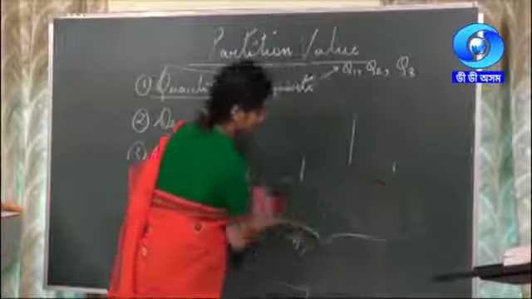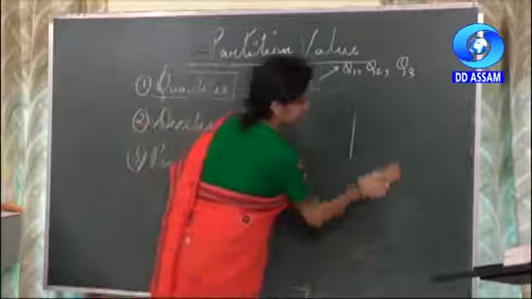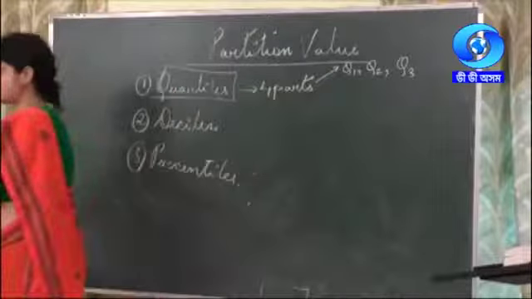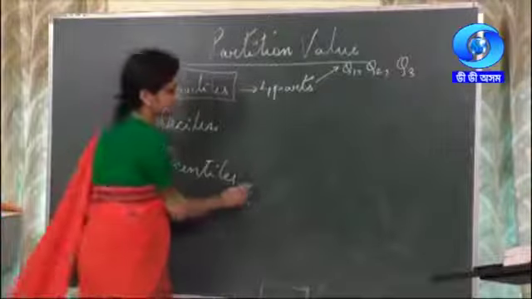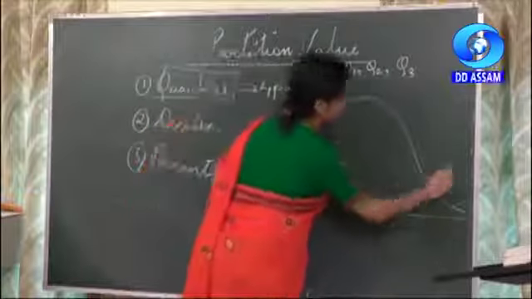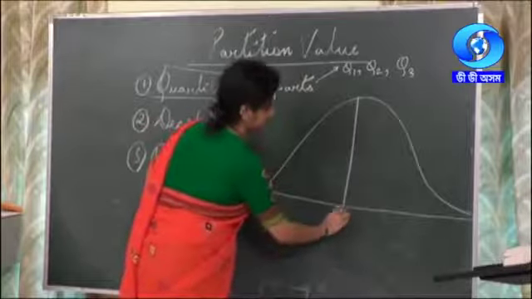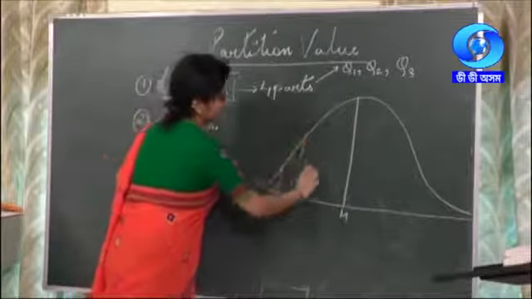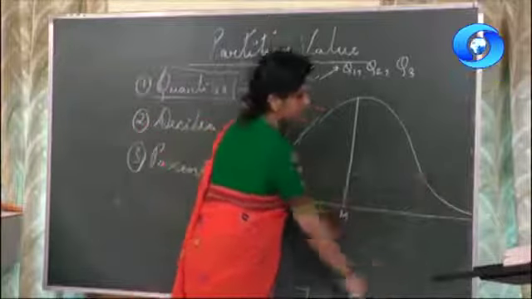Similarly there is another measure called deciles. Deciles divide a distribution into 10 equal parts. All right, so there will be 10 equal parts.